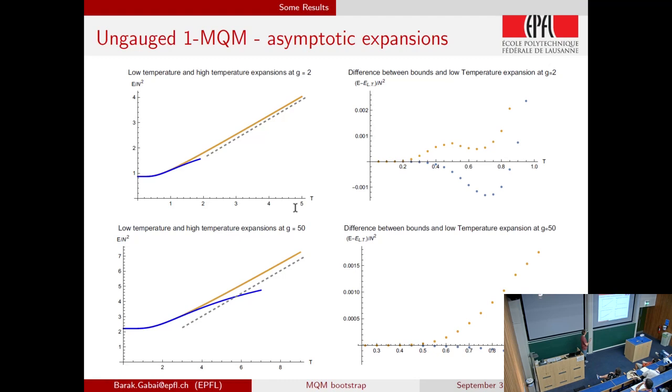The high temperature expansion is essentially, the thermal circle is small, so it's like a zero mode matrix integral. It's no longer matrix quantum mechanics. If we go to the low temperature, there is a more interesting expansion that, because of time, if anyone wants to ask me about it, I would be happy to talk about. But I think it's more non-trivial.